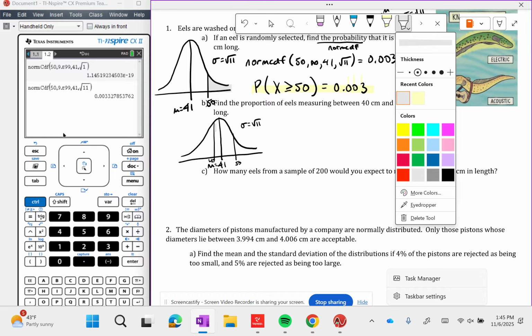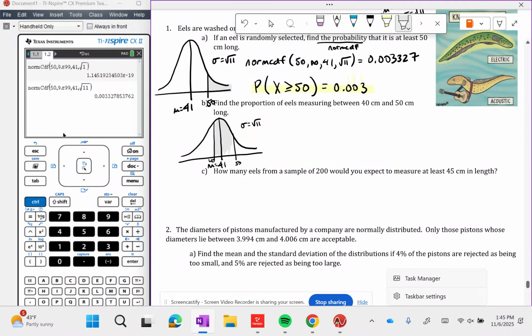So the proportion or area under the curve that I'm looking for is this number right here. If I'm finding a proportion, I'm using norm CDF, right? Yes. Once you understand the concept, these also kind of become plug and chug, if you will.